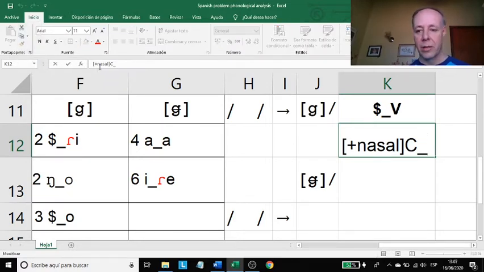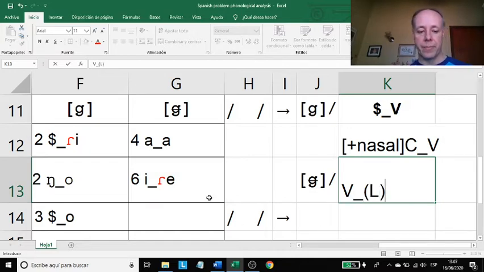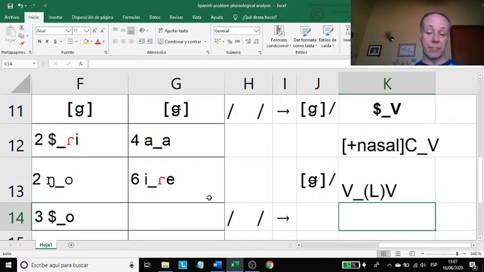Sorry. Before a vowel. There. And this one, the soft G in intervocalic position, but there is an optional glide. So, optional liquid vowel, like this.